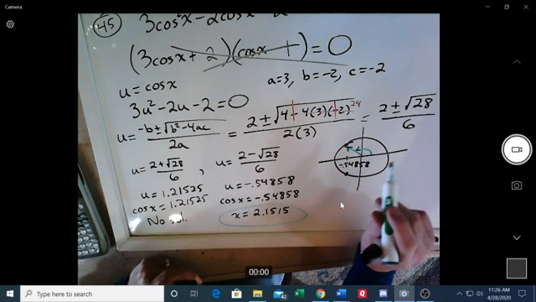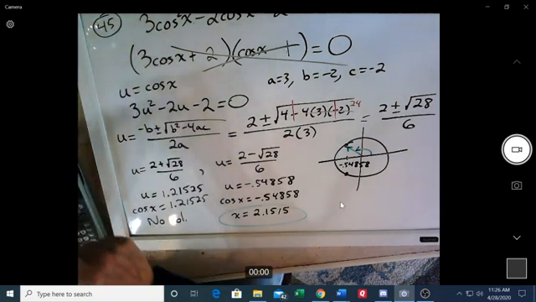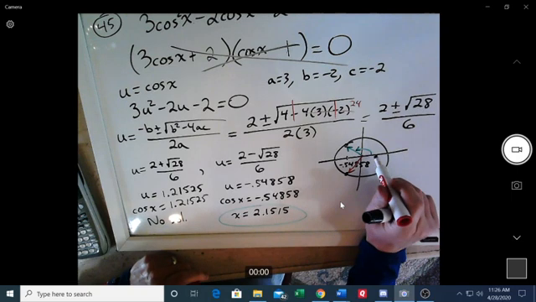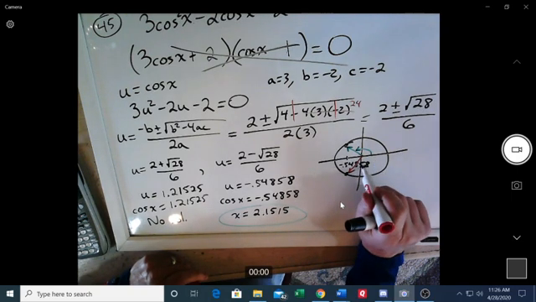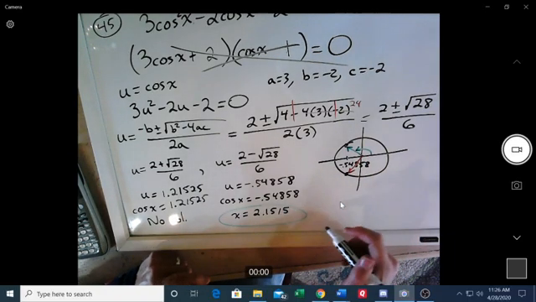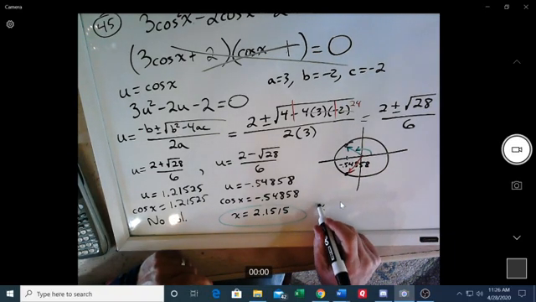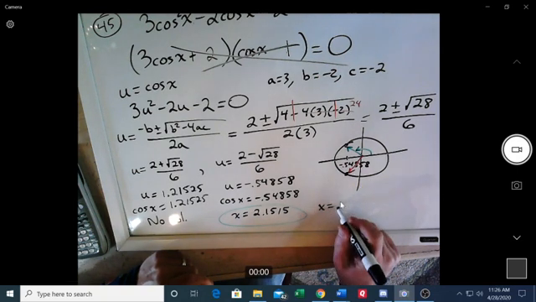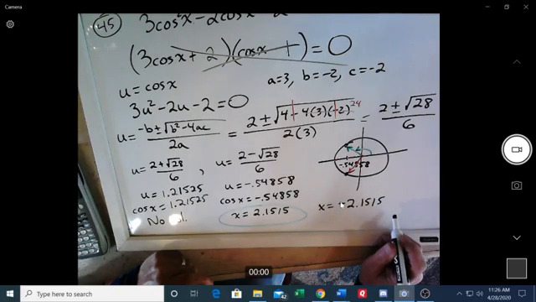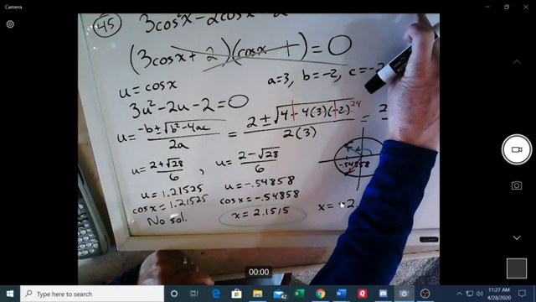But this angle down here is also a solution. It's the same angle, but in the opposite direction. So if you had it in the opposite direction, it would be negative 2.1515. But that's not between 0 and 2 pi.